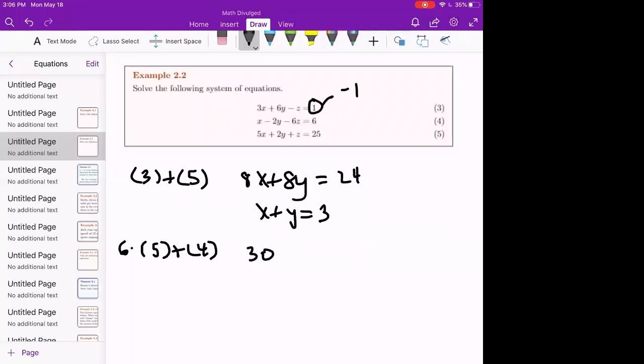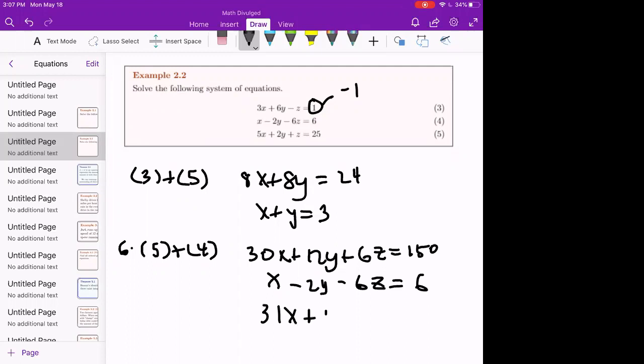So 6 times equation 5 is 30x plus 12y plus 6z equals 150. And then equation 4 is x minus 2y minus 6z is equal to 6. So when you add these two, you get 31x plus 10y, and the z's cancel, and this is equal to 156.